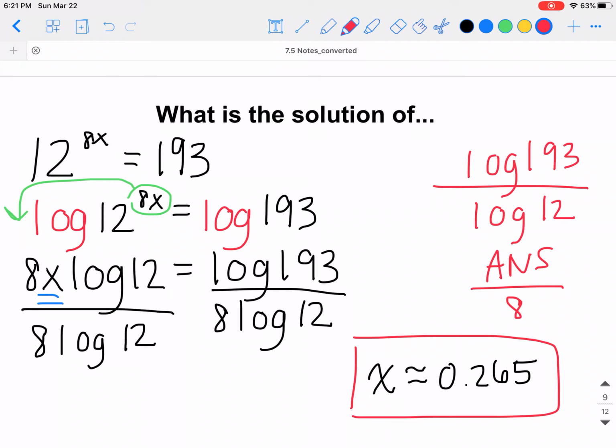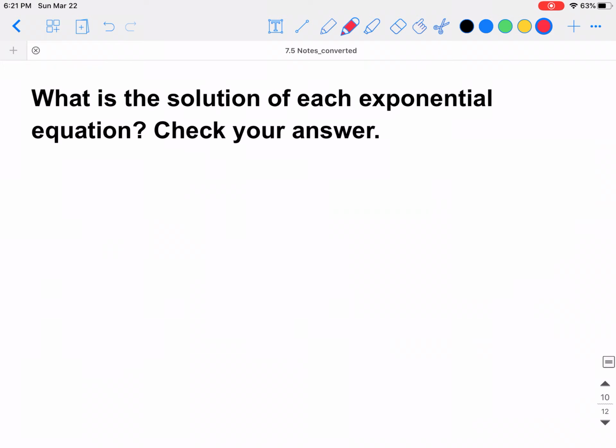The next two examples, you can pause, take a second, and try them on your own. So what is the solution of each exponential equation? Our first exponential equation is 7 raised to the 4x equals 800.